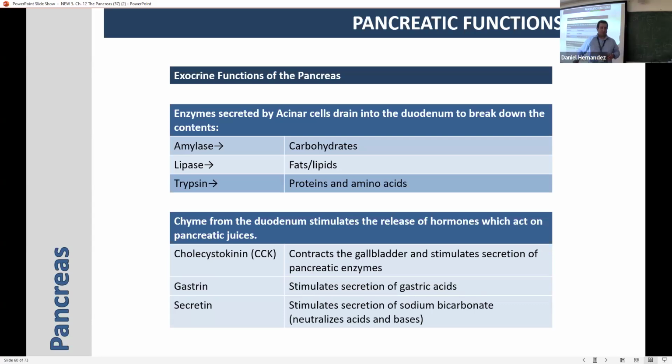So just taking a little side note, with this cholecystokinin, there are tests that potentially can be done to assess and evaluate the biliary tree. One of those exams is called a HIDA scan.